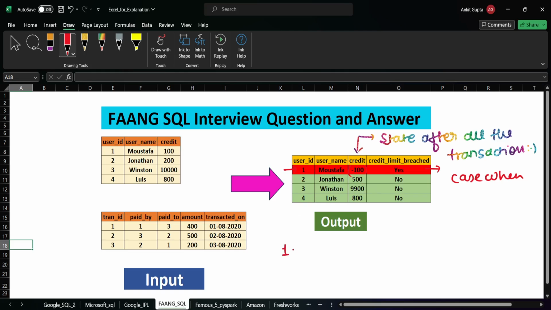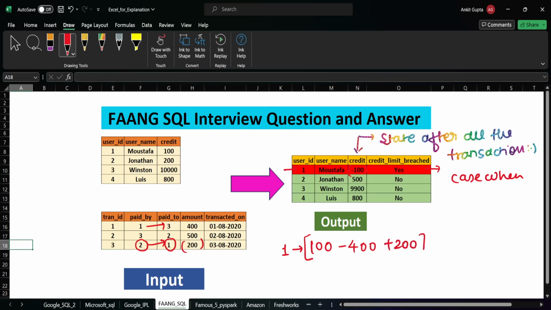For user one, initially he has 100 rupees. Then we can see that he has paid 400 to user three. If he is paying, then it is negative 400. And again, user two, that is Jonathan, has paid 200 rupees to Mustafa, that is plus 200.